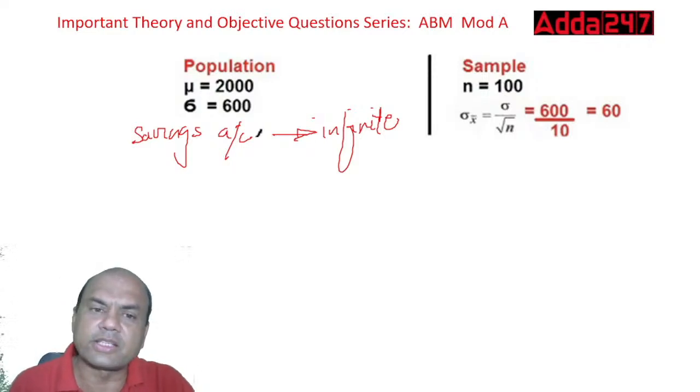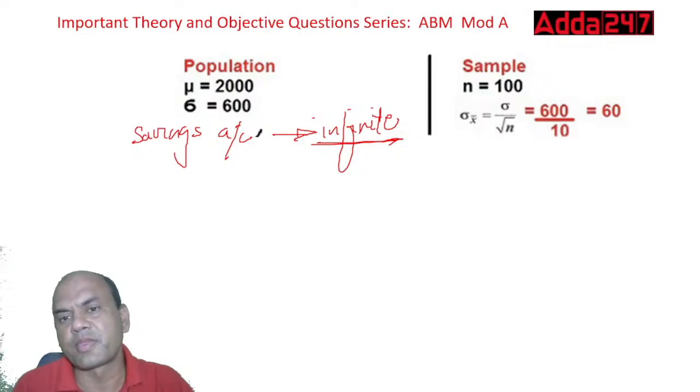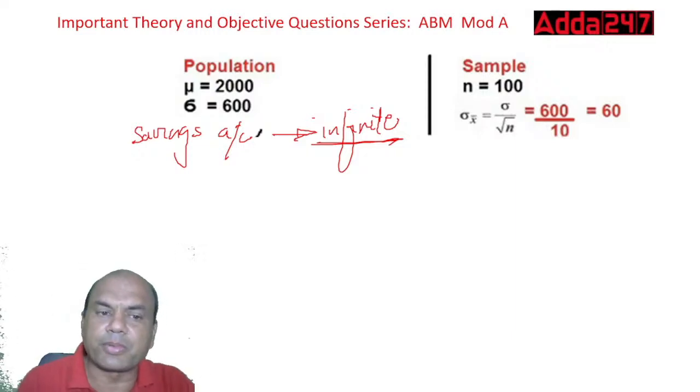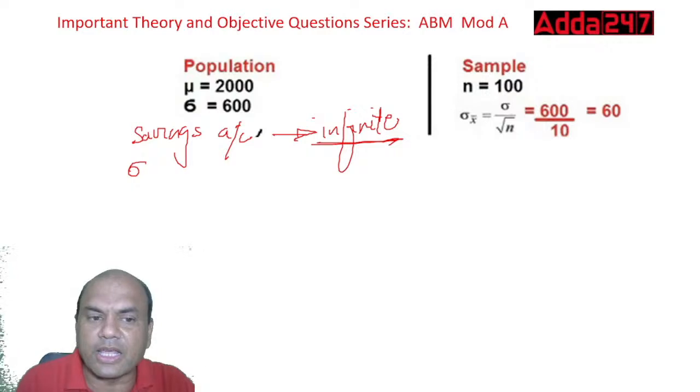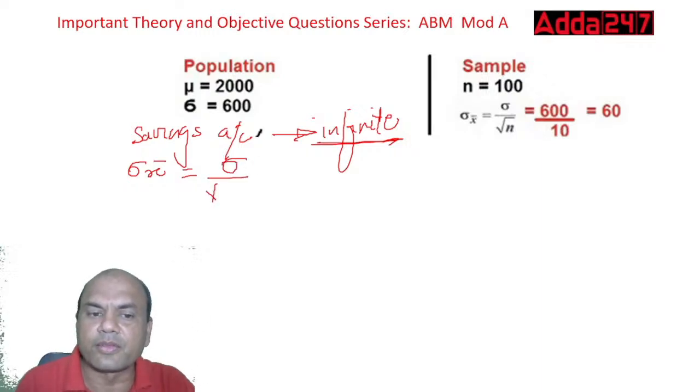Always while solving this numerical, the first step is to find out whether the population is finite or infinite. For an infinite population, the standard error, sigma x bar, equals standard deviation sigma upon root of n.